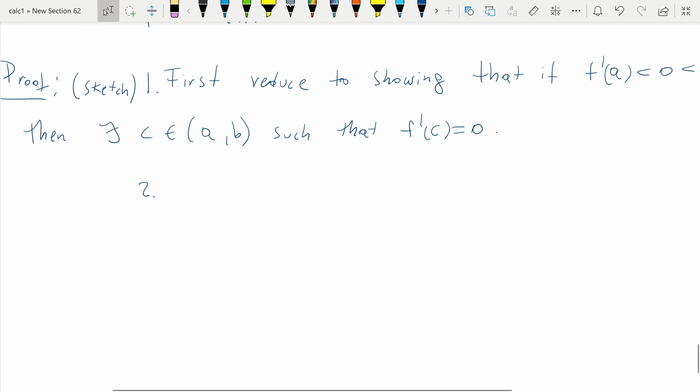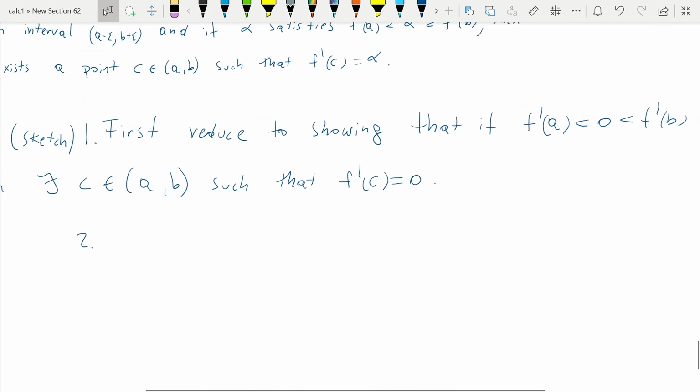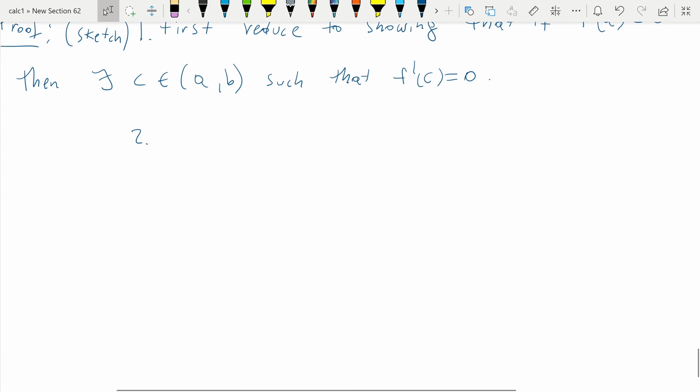So now to show that this reduced statement is true, let's take a look at this graph here.